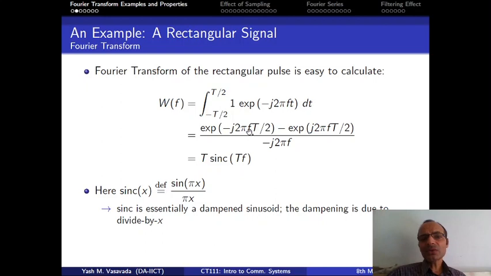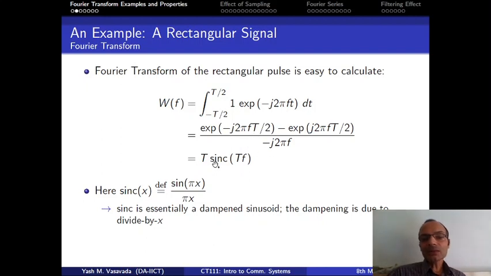How did we go from the second line to the third line? There we have made use of this definition: sine x over x, or specifically sine of pi x over pi x. And so if you do a simple derivation, you will see that the third line follows from the second line.